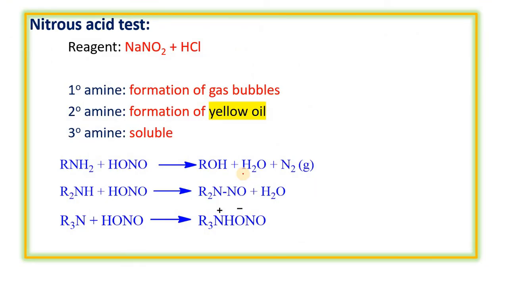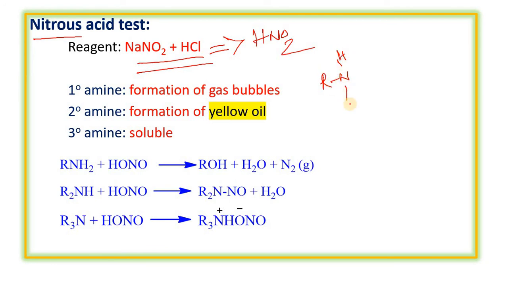You can distinguish primary, secondary, tertiary amines by using a nitrous acid test. The reagent is nitrous acid, that is NaNO2 plus HCl. This one gives a nitrous acid.